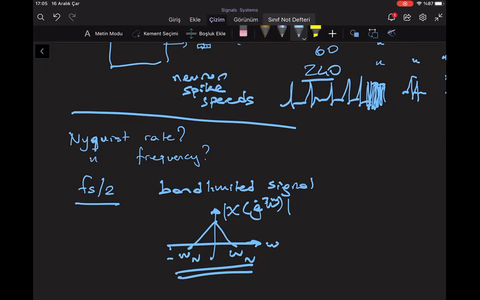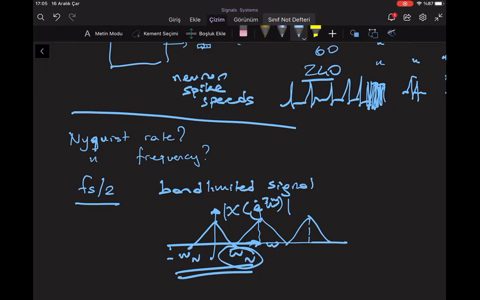It says the sampling frequency should be greater than double the maximum frequency of this band limited signal. That's greater than 2 omega n. What does this omega n mean? The highest frequency in the signal.